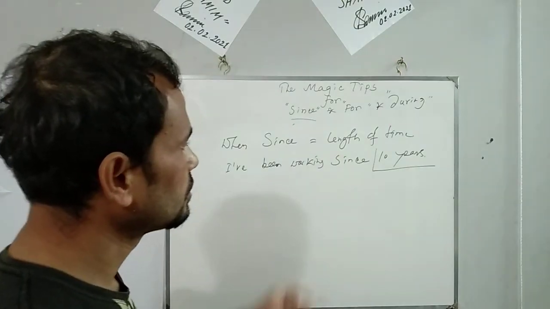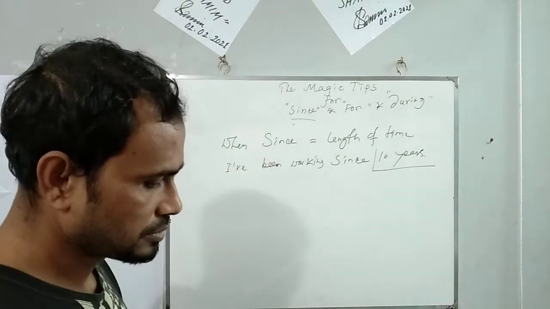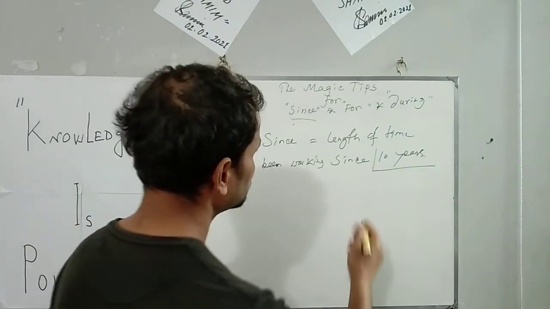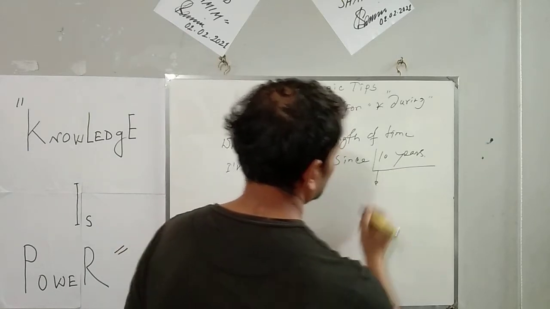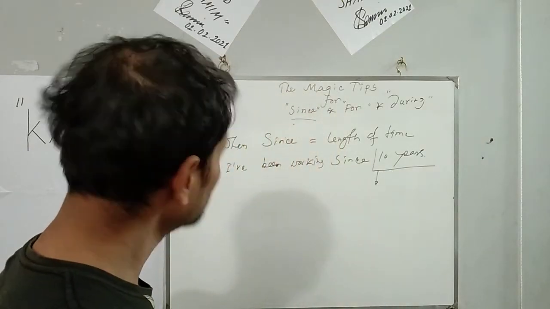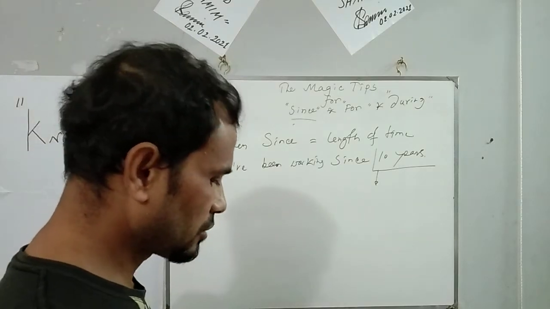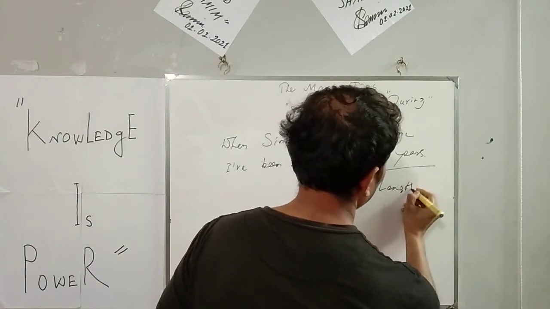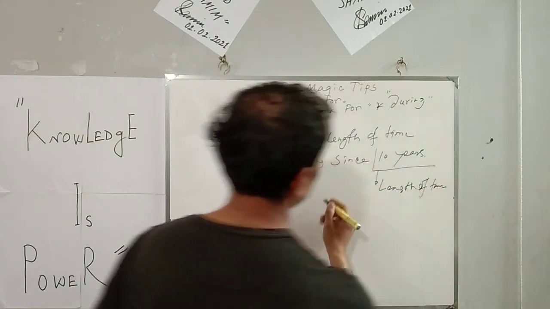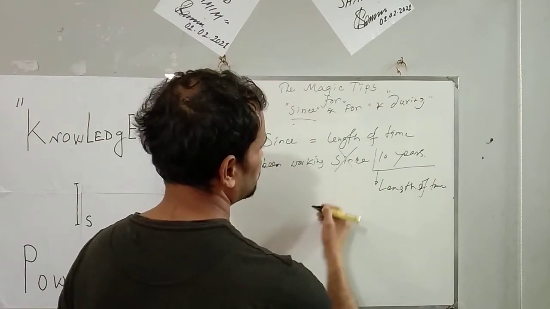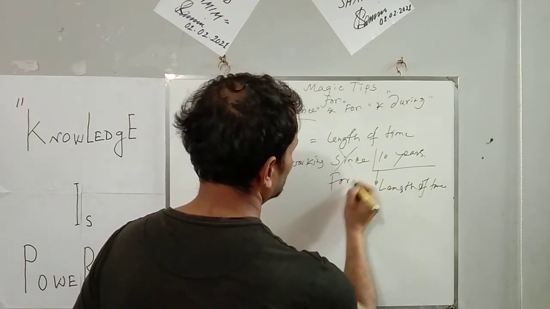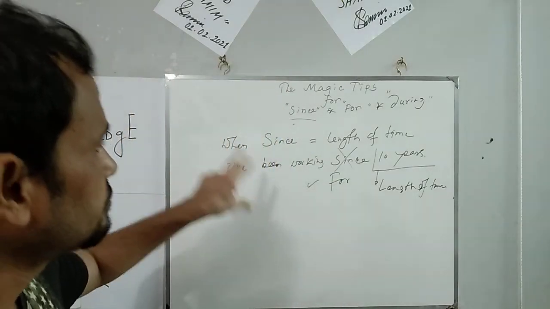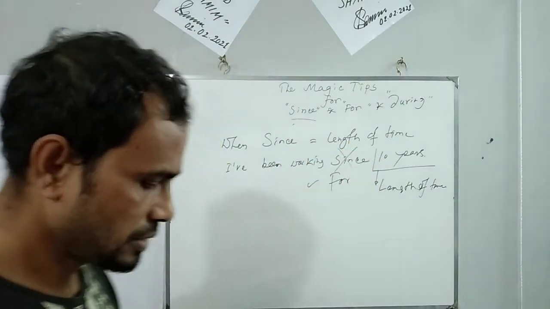That's why we cannot use since before. Okay. 10 years is the length of time. So we use for with length of time. We use always for. So we can say I've been working for 10 years. This sentence is correct.